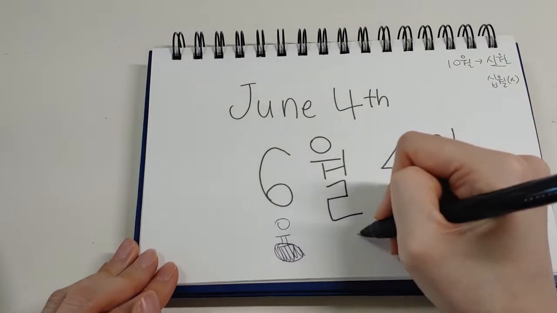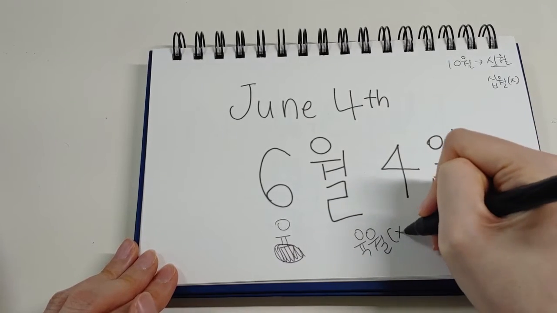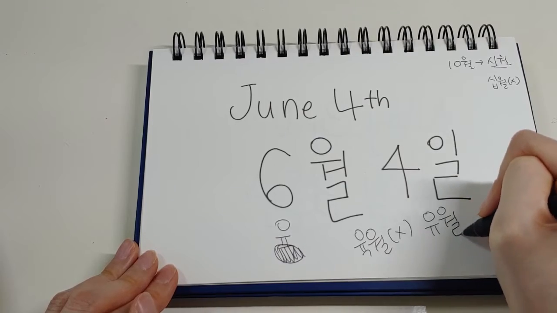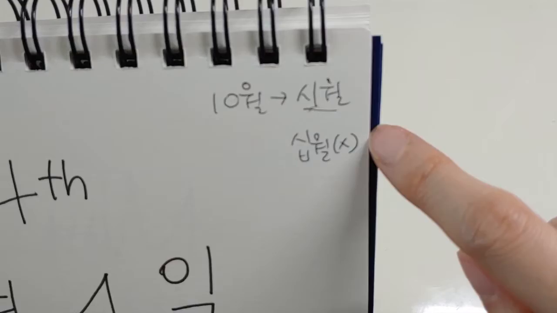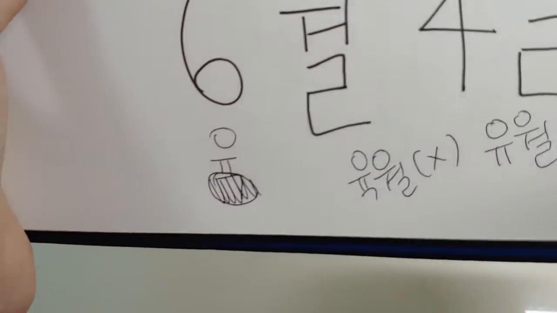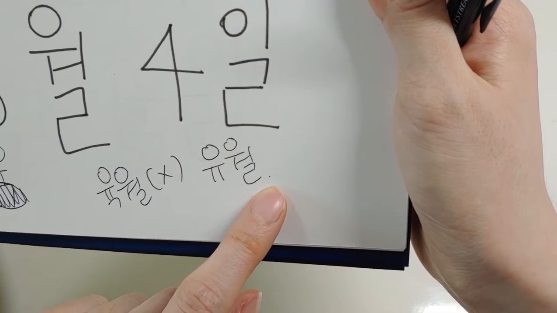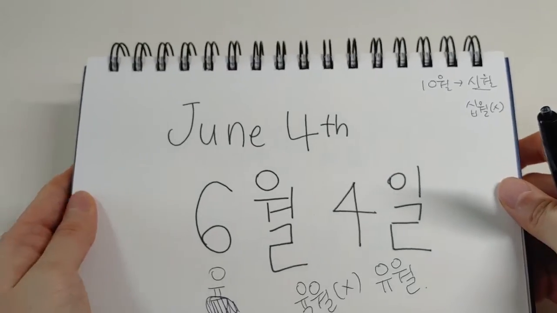So you shouldn't make a mistake of saying it 육월 to mean June, but you should say 유월. So October is 시월, right? Not 십월. And June is not 육월, but 유월. So this is the pronunciation you need to keep note of and not make mistake.